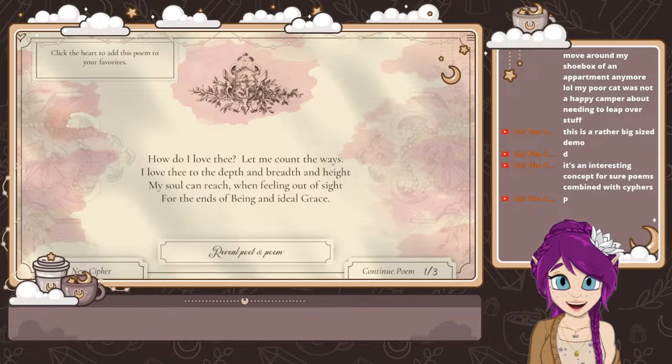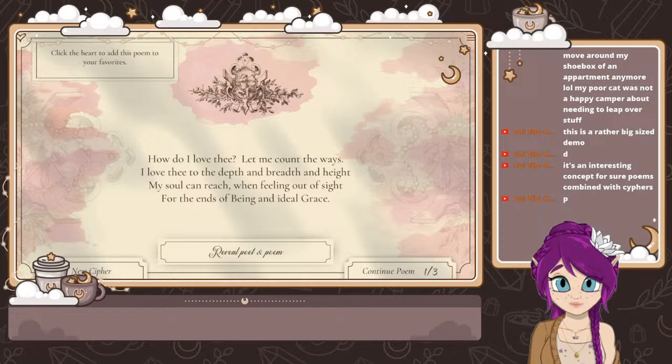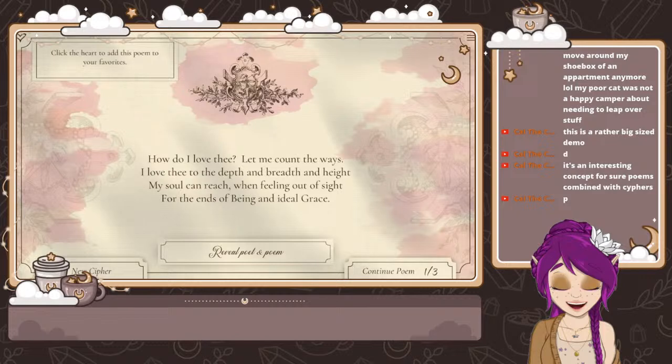Nope, I can't spell. Breadth. A distance or measurement from side to side. Okay, so it's a fancy word for measuring.